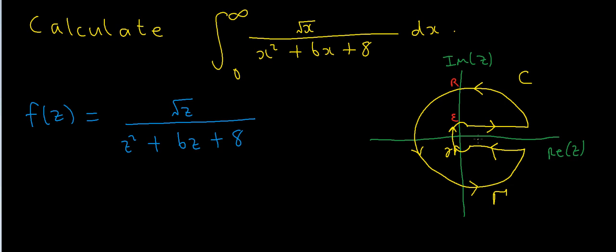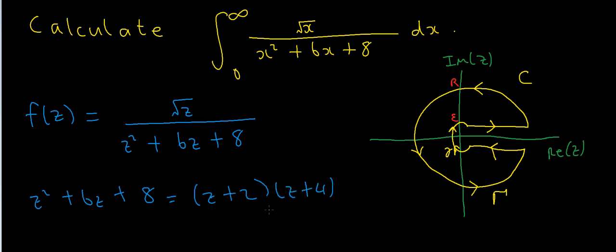Now, before I start doing any integration, let's just have a look at the function that I have. Well, first of all, z squared plus 6z plus 8, that's a quadratic, so I can very easily factorize that. So z squared plus 6z plus 8 is just equal to z plus 2 times z plus 4.